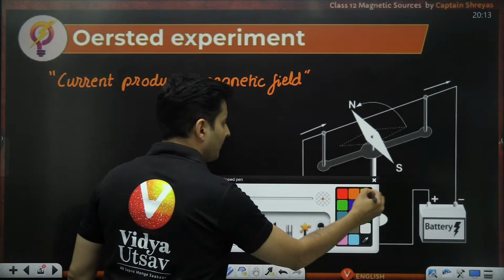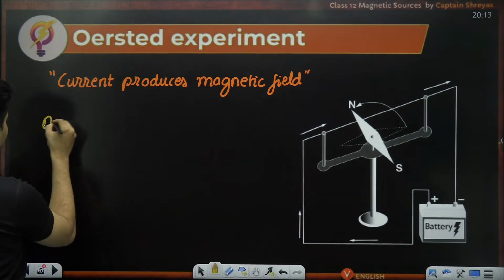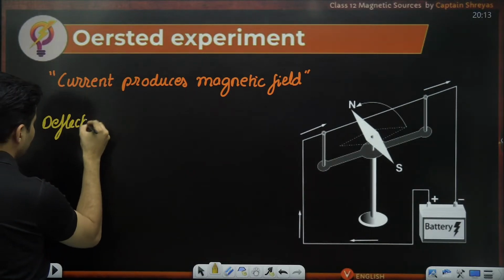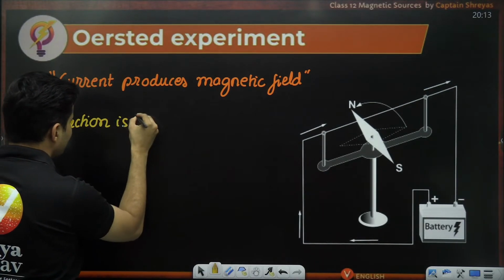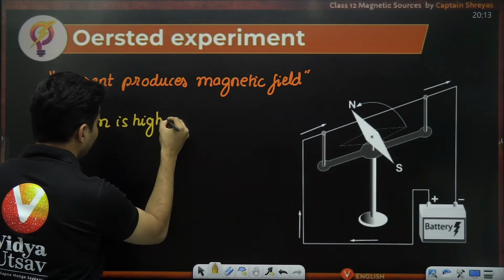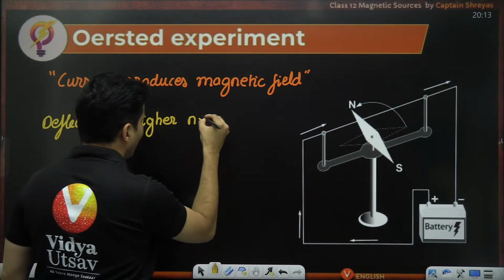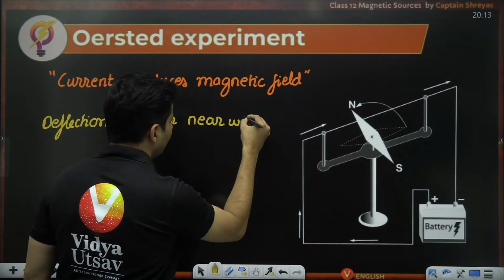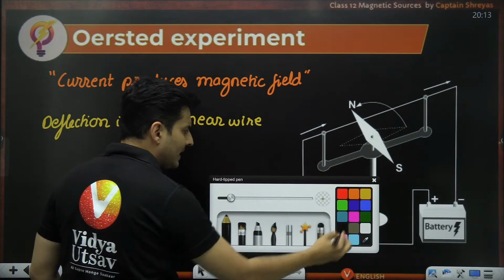As per Oersted, the deflection is higher near the wire. What does this exactly tell me?